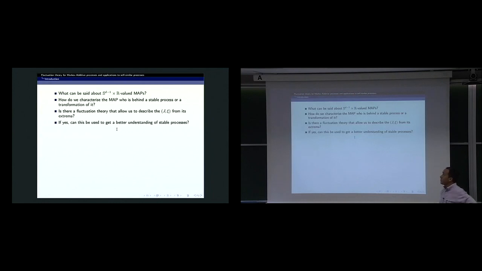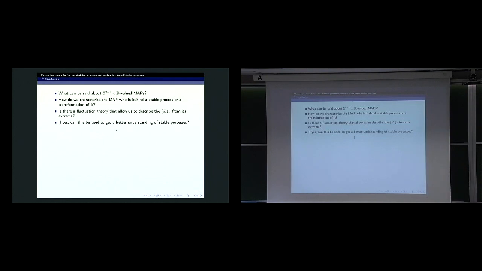We saw roughly that we were using a fluctuation theory for the study of positive self-similar Markov processes. So it's natural to ask if there is a fluctuation theory for these Markov additive processes. And once we have that, can we use it to say something new, for instance, for stable processes, which are one of the most popular self-similar d-dimensional processes?